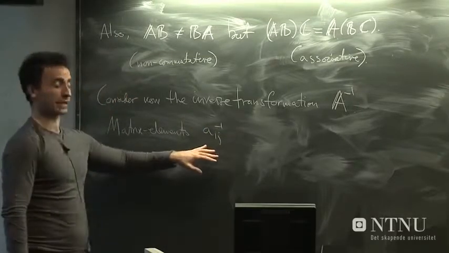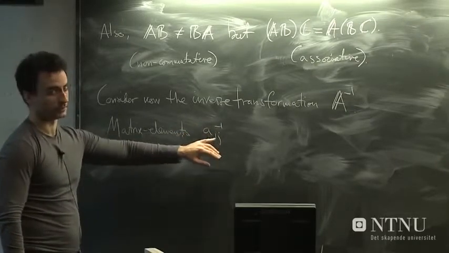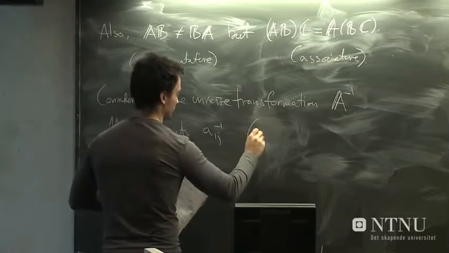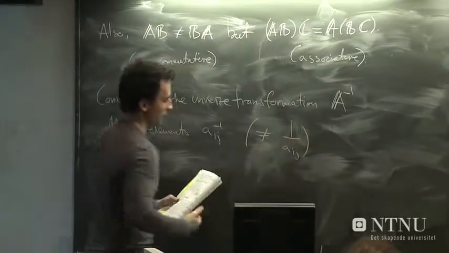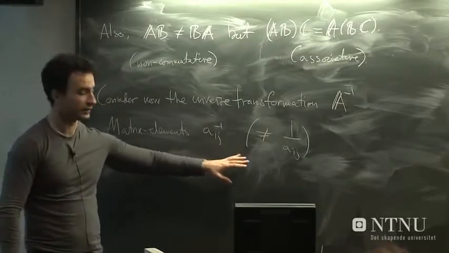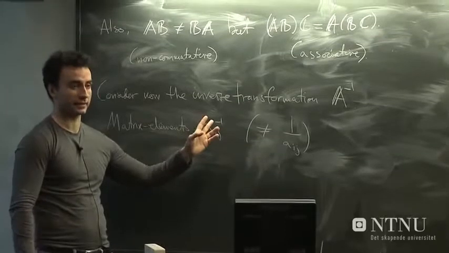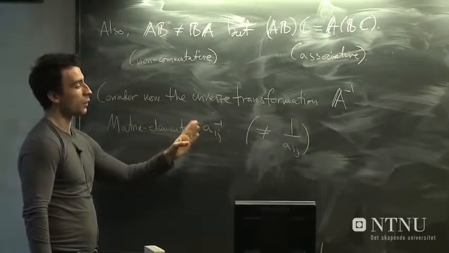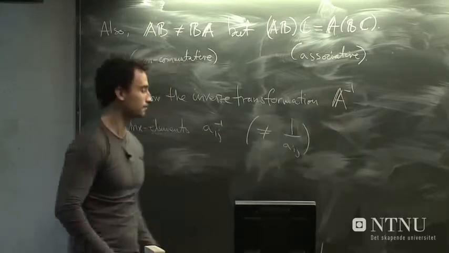And we write the matrix elements as Aij raised to the power of -1. But keep in mind that this is not equal to 1 over Aij. This is just notation. This is just a way of writing the matrix element of this matrix.